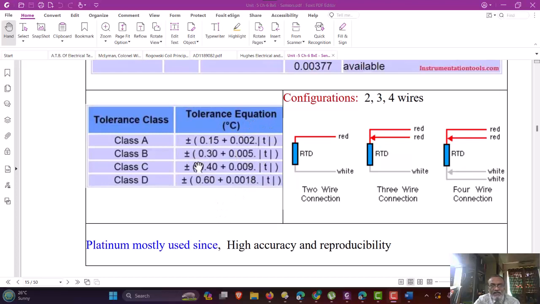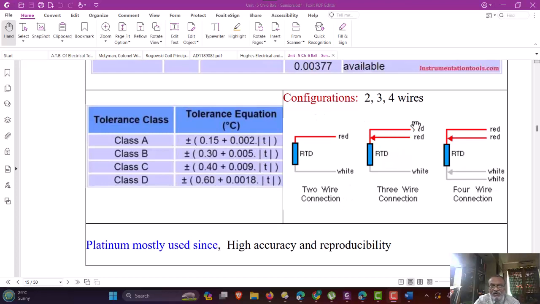It can provide the tolerance of plus minus 0.15 plus 0.002 into T. This is the tolerance in the resistance value that is shown.